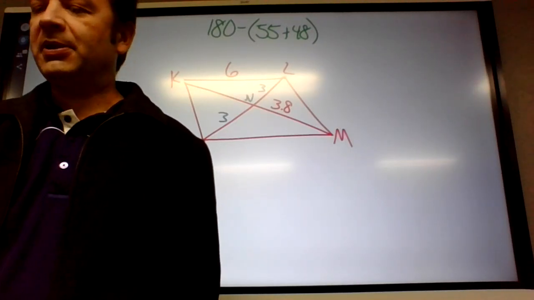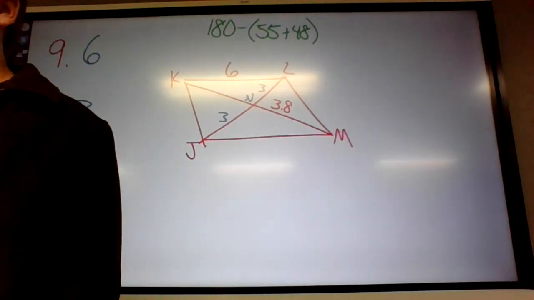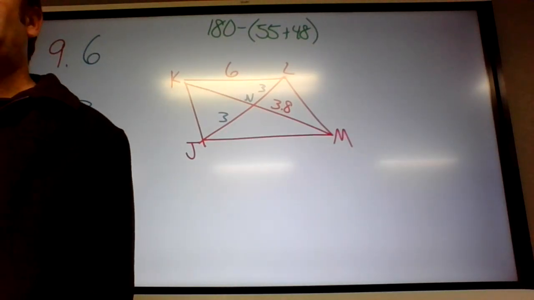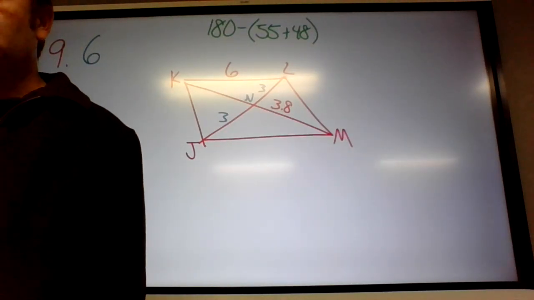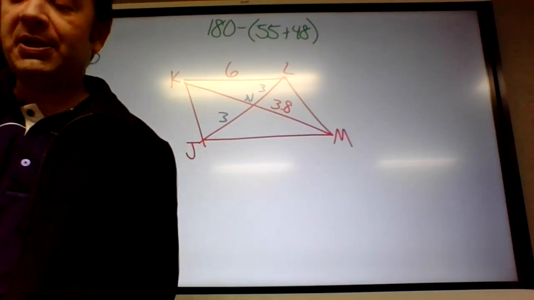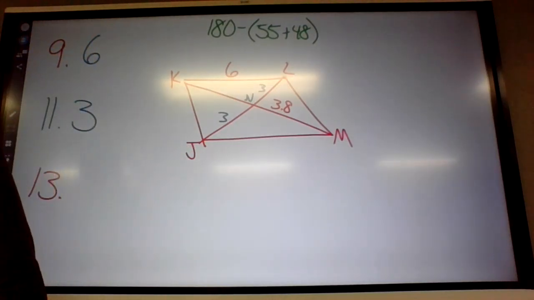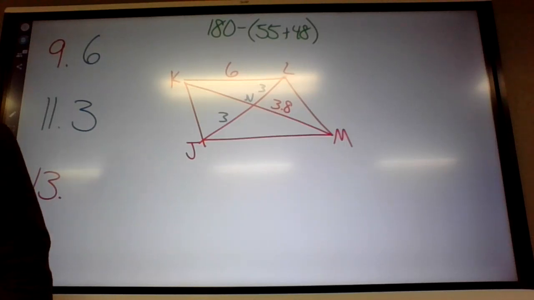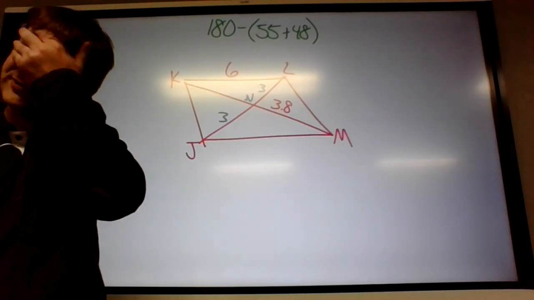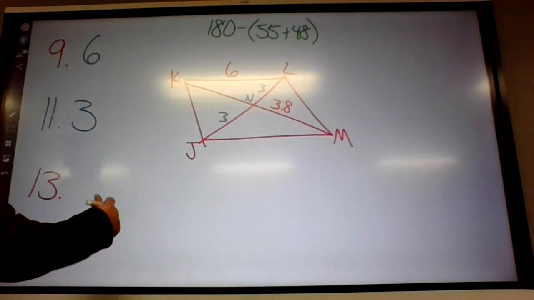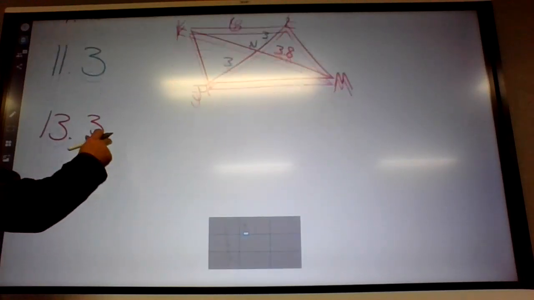You can tell because on the left side, all those segments are congruent. So if GF is 3, then how long is ED? Also 3.